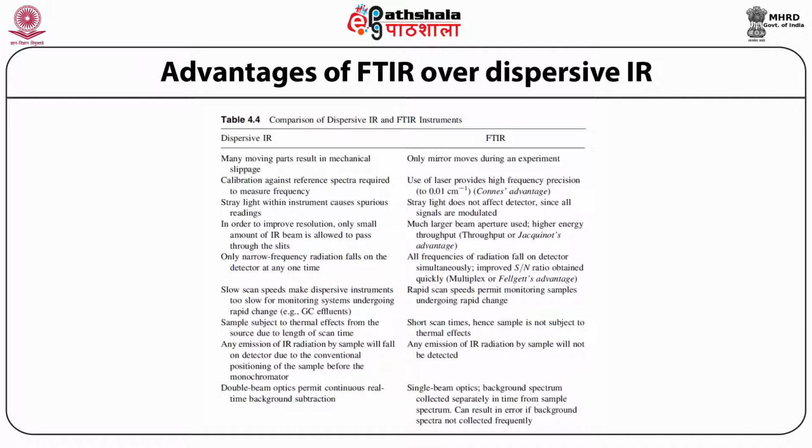And finally, in the dispersive IR, double beam optics permits continuous real-time background subtraction. But in FTIR, with single beam optics, the background spectrum is collected separately in time from the sample spectrum, which can result in error if background spectra are not collected. So now you are able to know the advantages of FTIR over the dispersive IR.